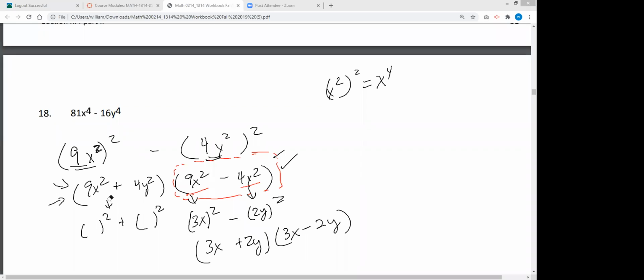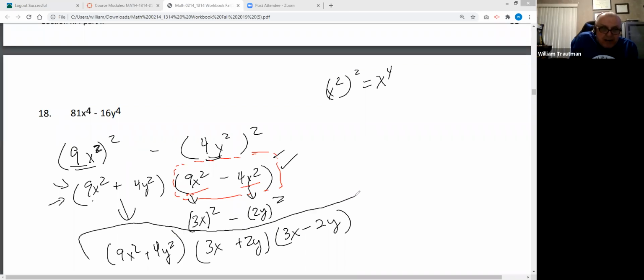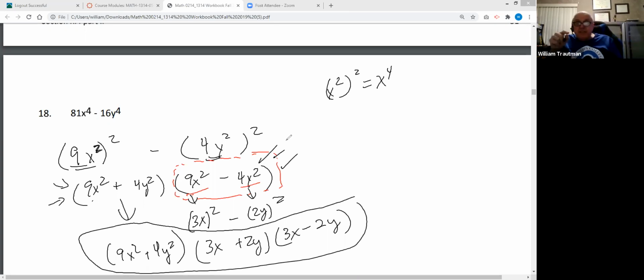Yeah, it has a plus sign, so I can't do that one. It's 2 terms and it has a plus sign, so we just bring that down. It's still part of the answer. And this is the entire answer. We had to check to see if those two terms can be factored again.